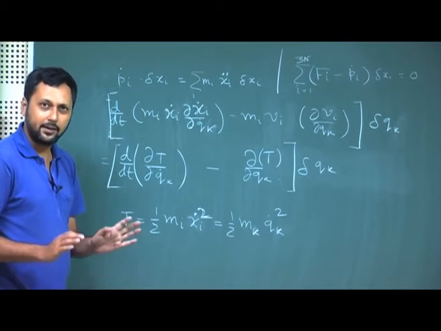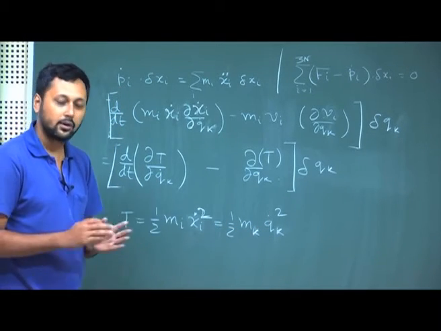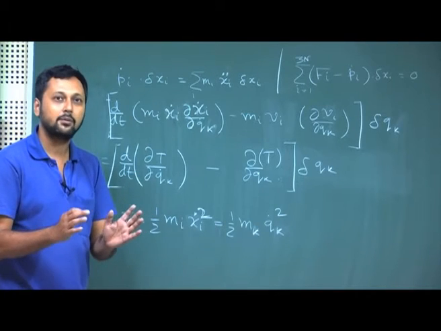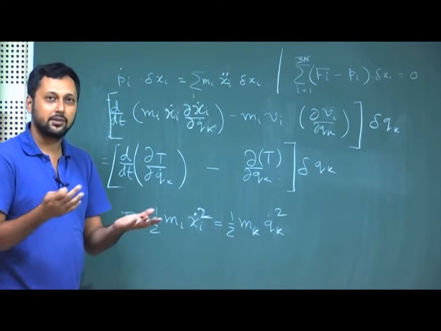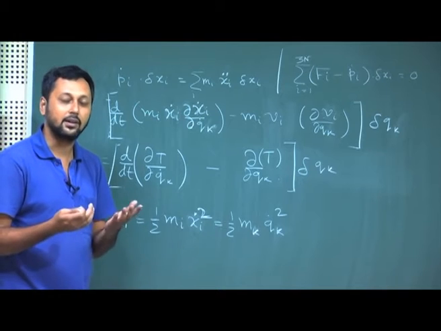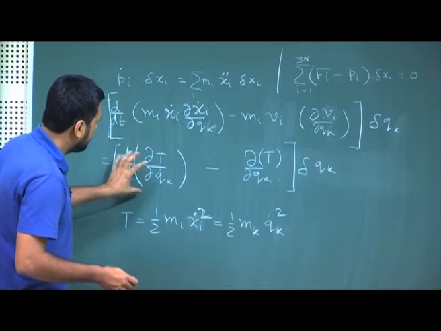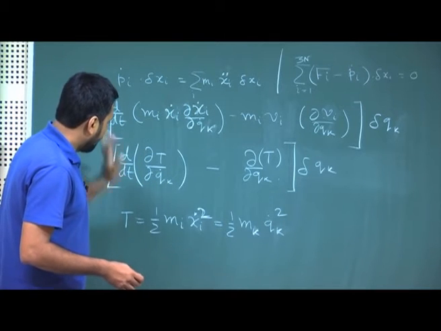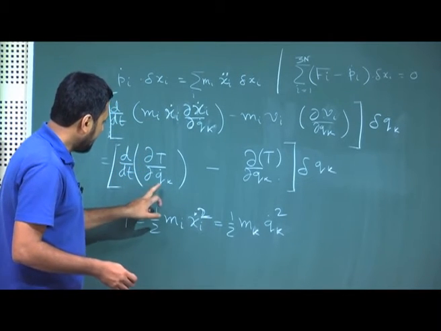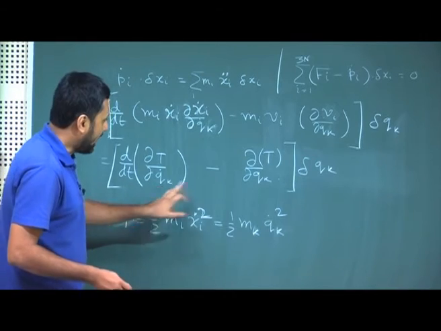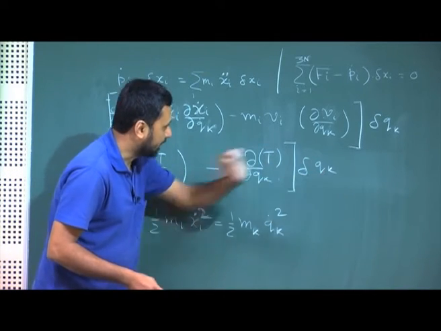It is a quantity that we can measure in any frame and express in any coordinate system we want. The most important thing is that this whole thing has reduced to a form where the only variables are the generalized coordinates, multiplied by a delta qk.